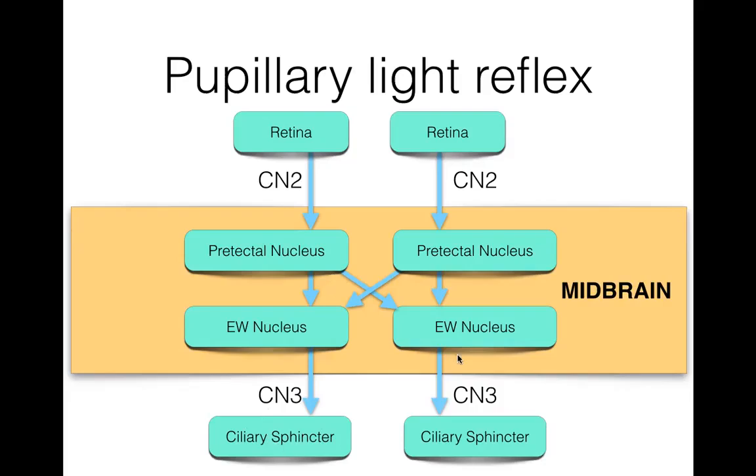At the same time, there would be a corresponding constriction of the right pupil as well. This example constitutes the direct pupillary light reflex, while this pathway right here makes up the consensual light reflex.